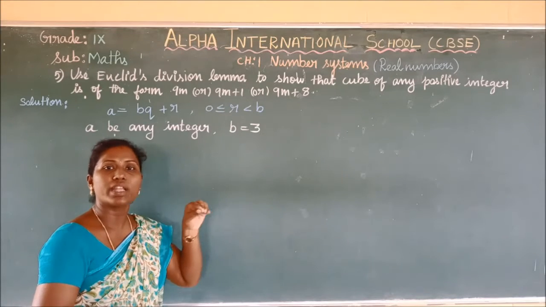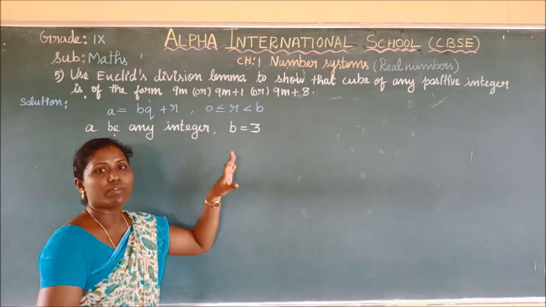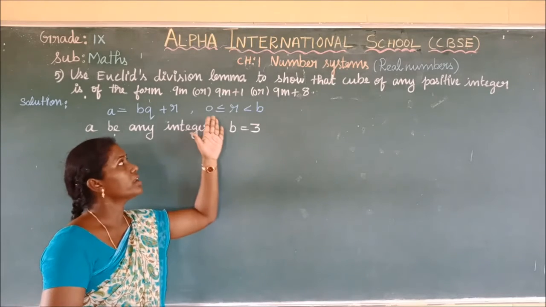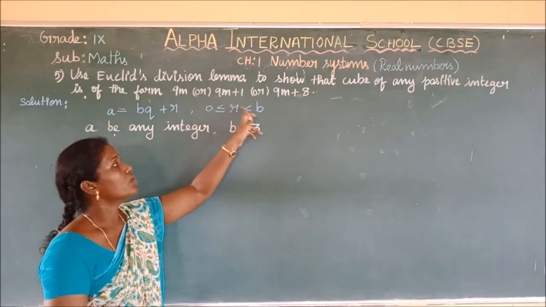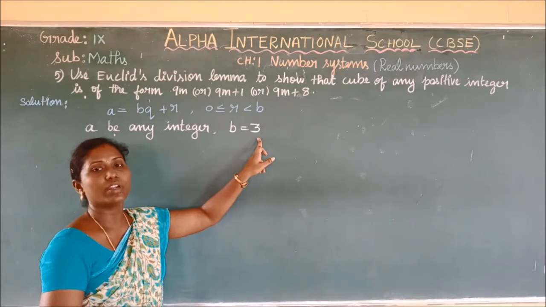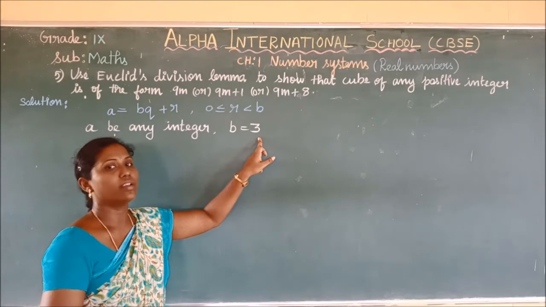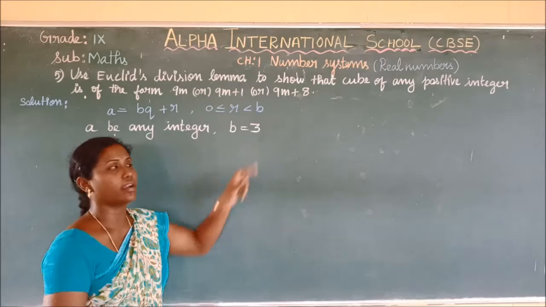You have to solve 9 cases. But 3 is also a divisor of 9, so whatever number is divided by 3 is also divided by 9. So we take the divisor as 3. If we do the problem with 3, it will satisfy for 9. So consider b is equal to 3 here.